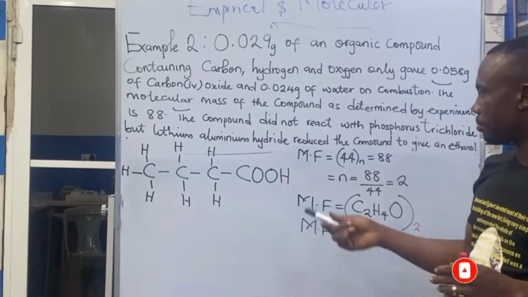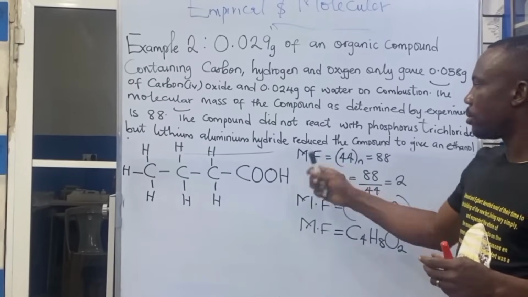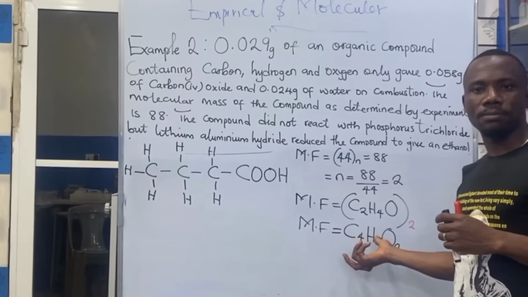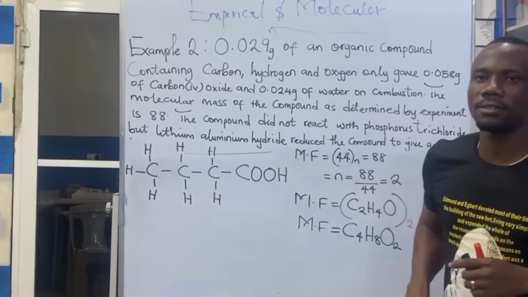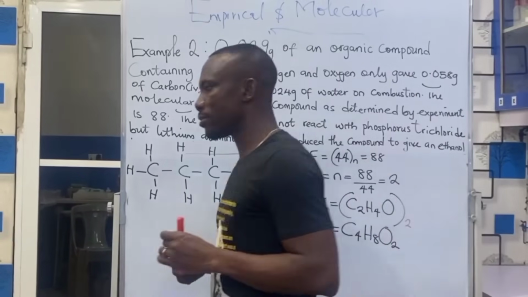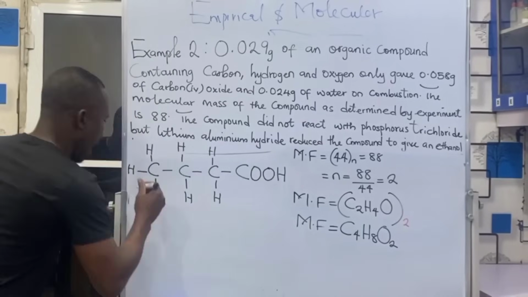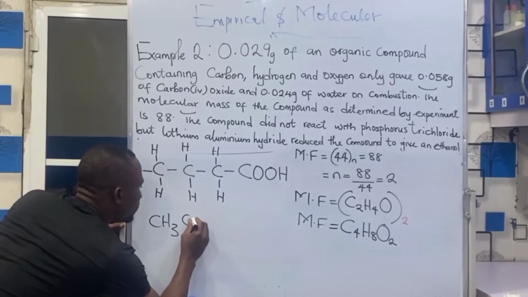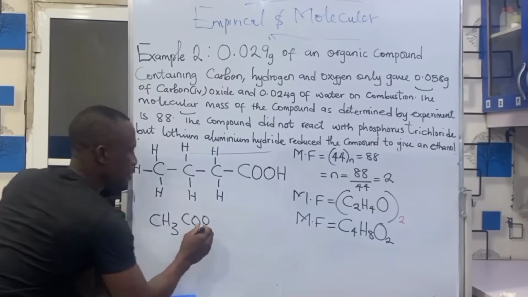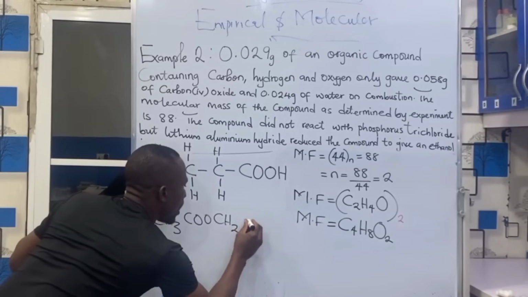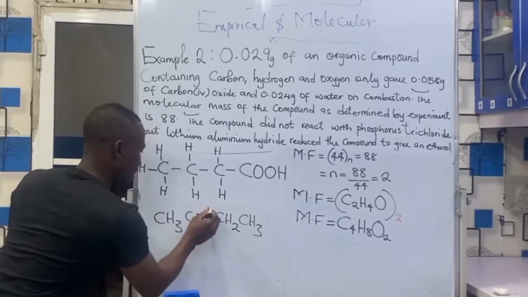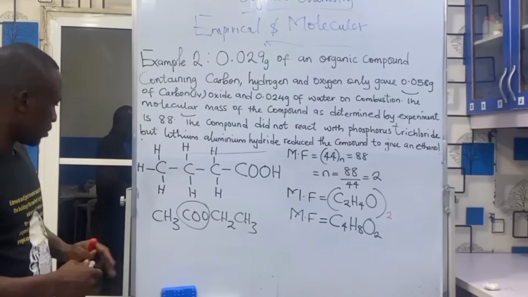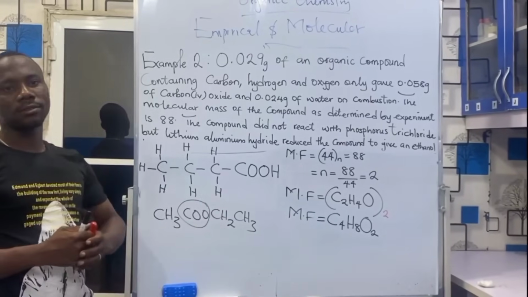Even if we know that other compounds can come in here, like the esters. You can also have CH3COOCH2CH3. This is an ester functional group. So this is the same thing as this.